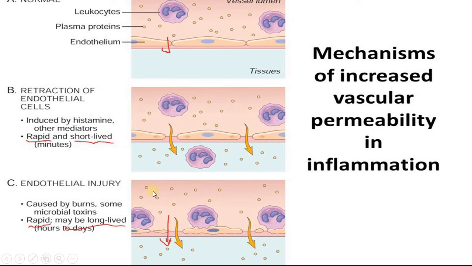It depends on the type of insult. When there is a burn or lytic bacterial injury or direct injury, which takes more time to heal and reduce the gap, the time is prolonged.